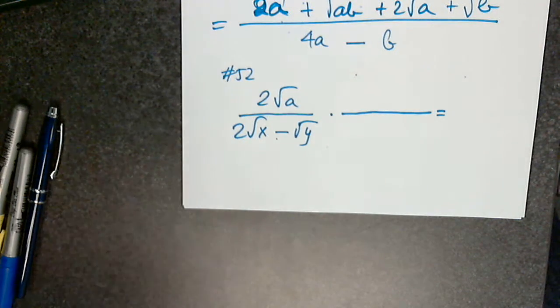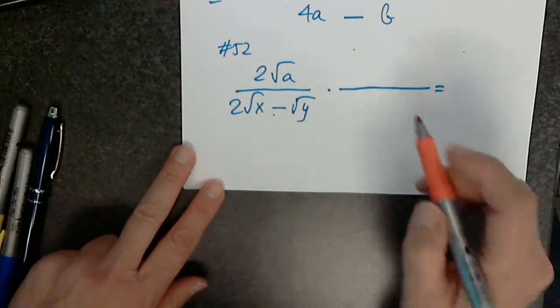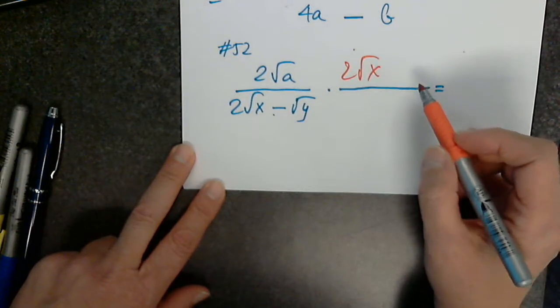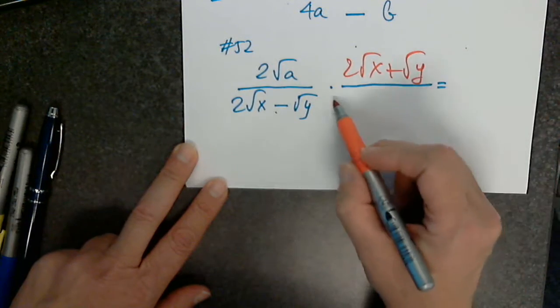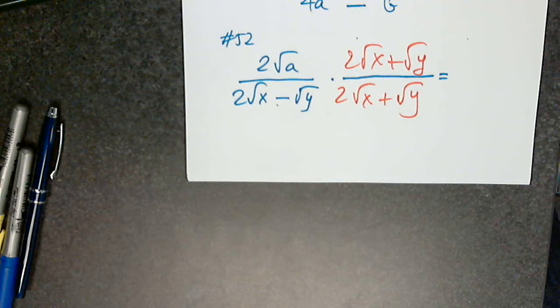Can anyone tell us what to multiply and divide by? Very good. Indeed, 2 the square root of x plus the square root of y. Perfect.